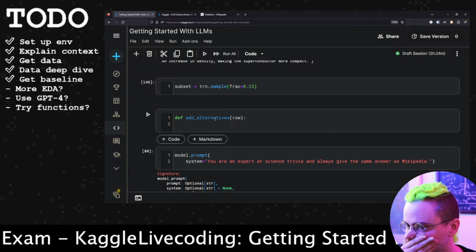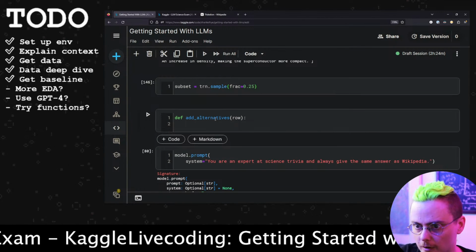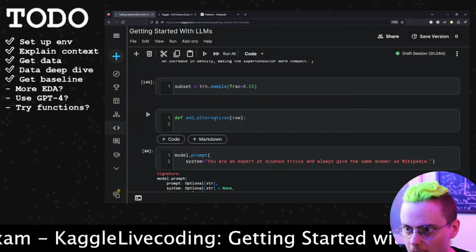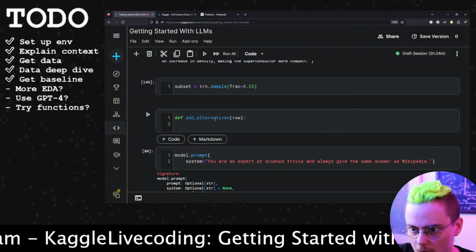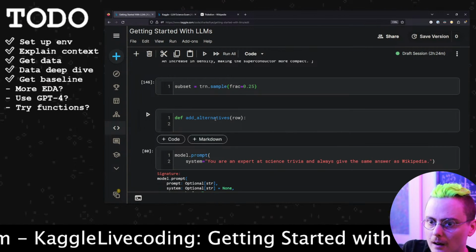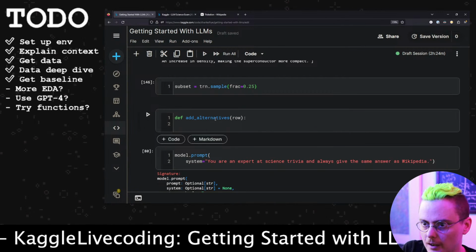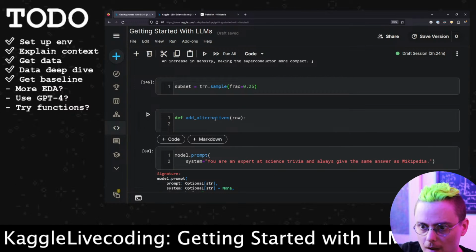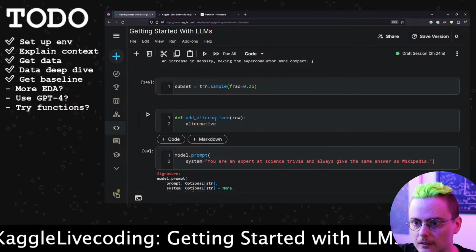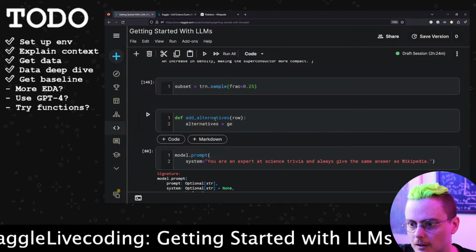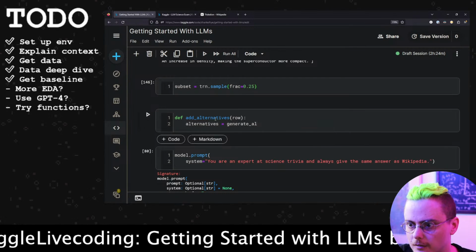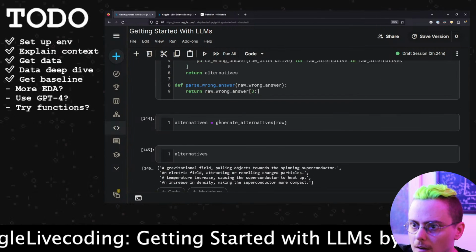Row, and then we don't really care about hiding these things, so we'll call them A1, A2, A3 or something like that. And so the alternatives equals generate alternatives, right? Isn't that what I called it?